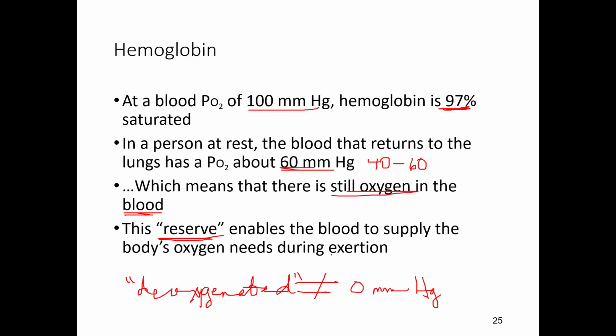Or if you start working out, and it takes a little lag time for your heart to increase the pumping and stuff, there's a little bit of a reserve. So it's very small though, it's just a couple minutes of reserve. It doesn't last indefinitely, but deoxygenated does not mean 0 oxygen. That's kind of important and yet maybe a little counterintuitive.